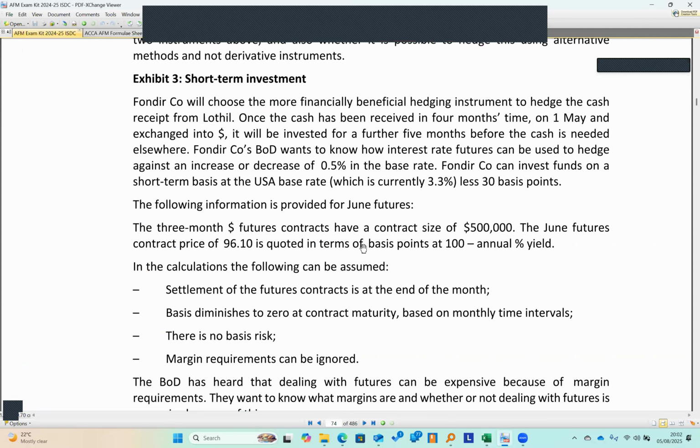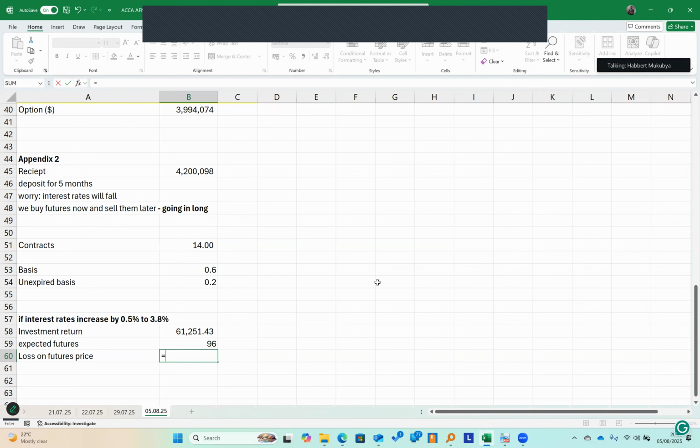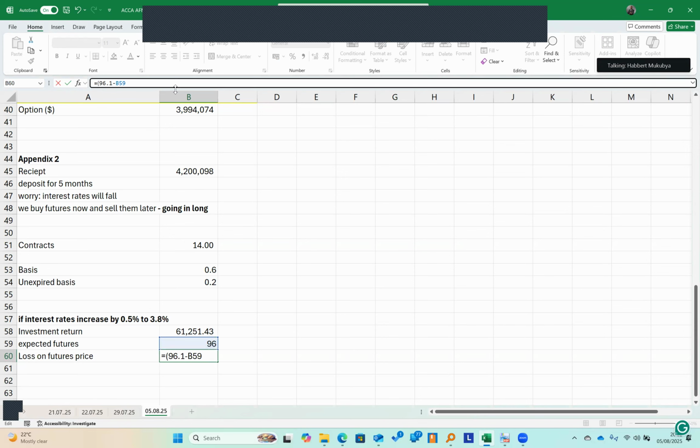Now these amounts here, 96.2, are usually given to us like percentages, right? So we are going to say 96.1 minus this 96. So these ones, we can divide them by 100 because these are percentages in a way.